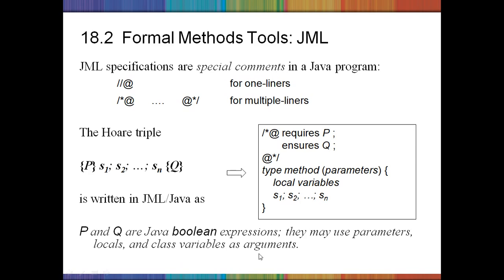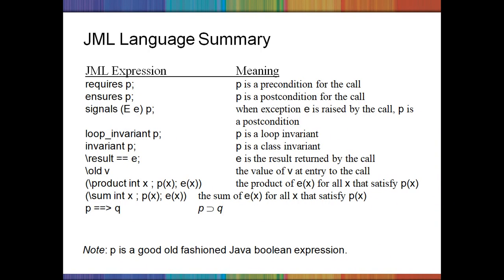So this is the property of the P and Q values that can be included in the JML specification. So when you use JML language, then you need to remember these expressions. Require P means P is a precondition for the call. Ensure P means P is a postcondition for the call.